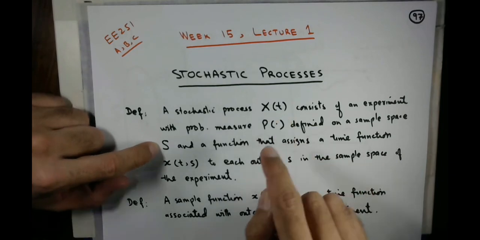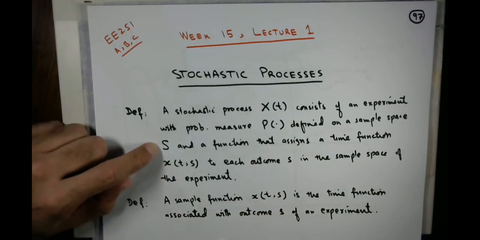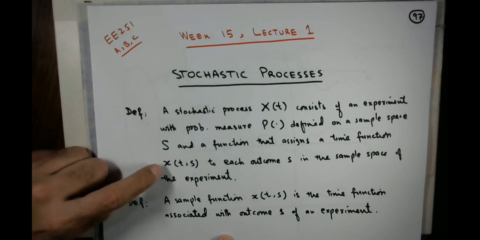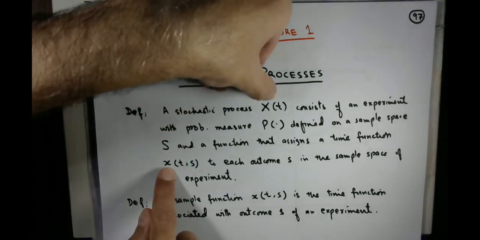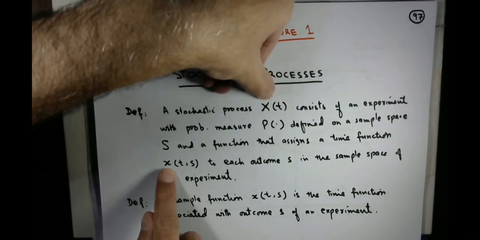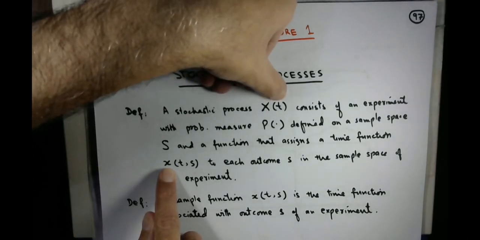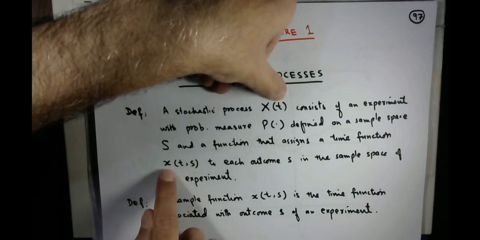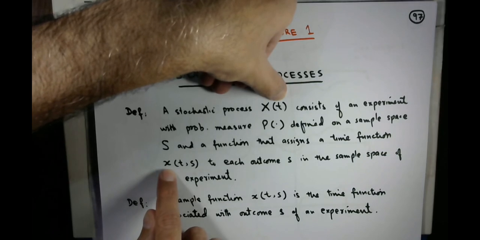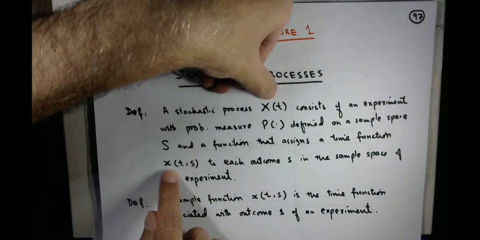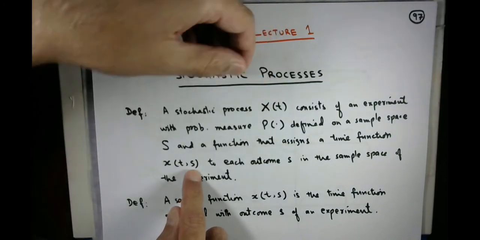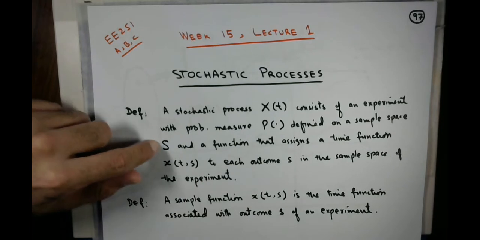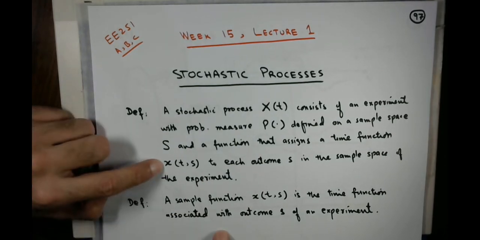A time function is associated with each outcome of the process, and that time function is denoted by the small letter of the name that is given to the process. So capital X of t is the process, and small x of t is one of the time functions or one of the sample functions from this process, and this small s indicates one of the sample values from this sample space. So this is now a sample function.